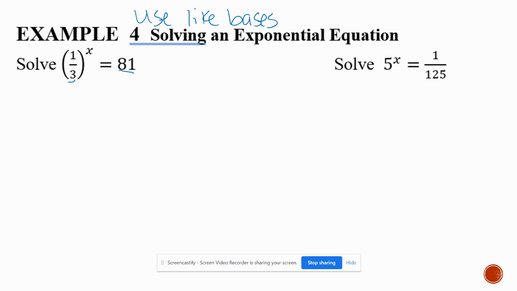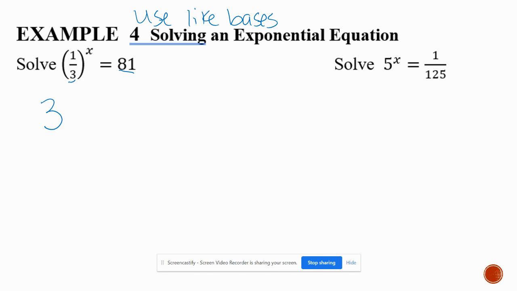We usually use the smallest base to start with to see if we can possibly get that to work out for both sides. The only number we can't use as a base is 1 because 1 to any power is 1. 1 times 1 times 1 times 1 times 1 times 1 can multiply it forever and it'll only ever be 1. And so for this left side, I want this to be a base 3.